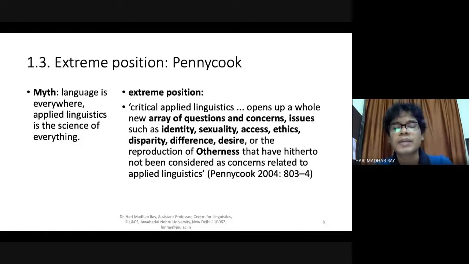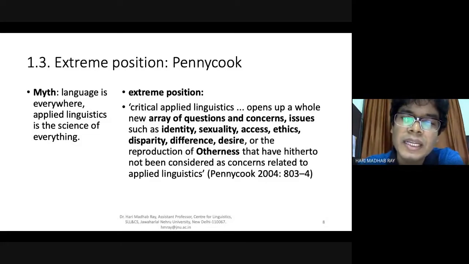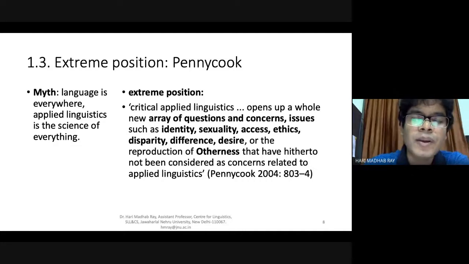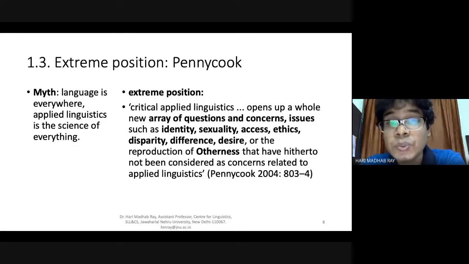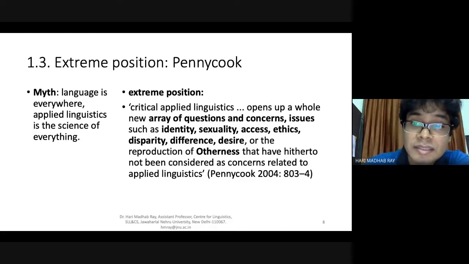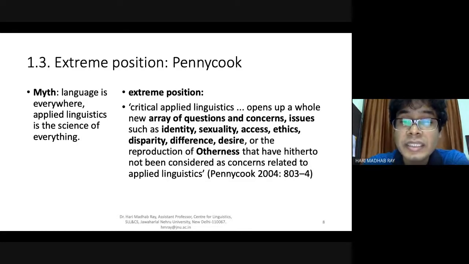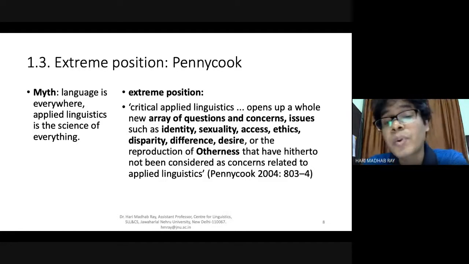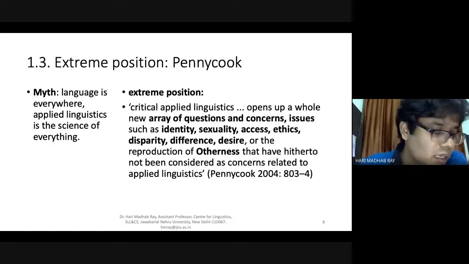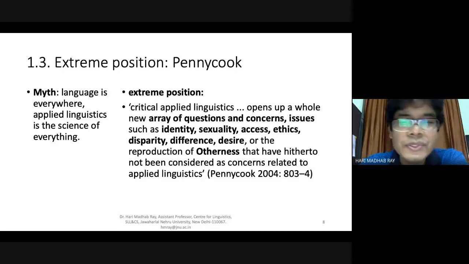Within applied linguistics, we have a field like critical applied linguistics. It opens up a whole new area of questions and concerns, issues such as identity, sexuality, access, ethics, disparity, differences, desire, or the reproduction of otherness. Otherness, mainly in the Indian context, we can talk about here.